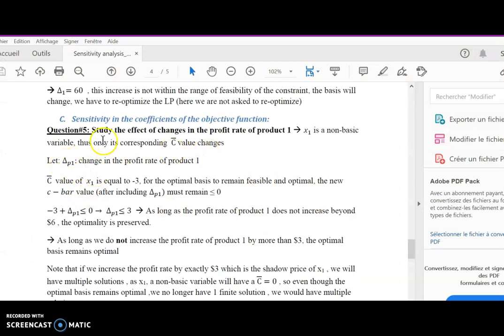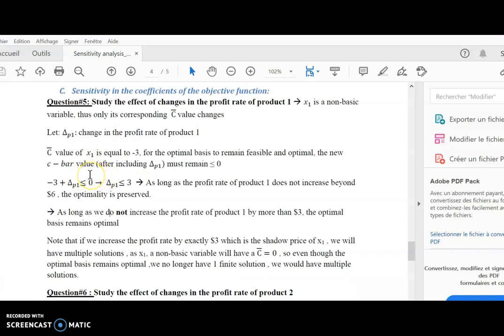Okay, so let's call this change in the profit rate of product 1 delta P1. The c-bar value of x1 is equal to -3. This c-bar value must remain negative after adding the delta P1, which could be an increase or a decrease, for the optimal solution to remain optimal.